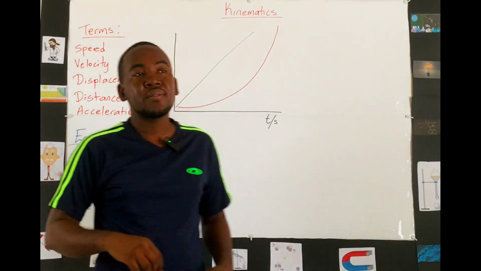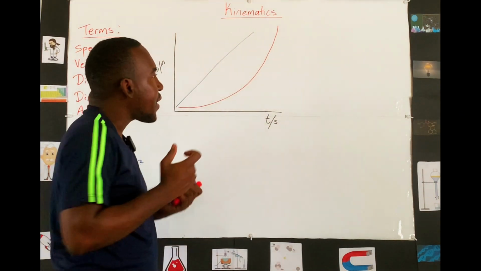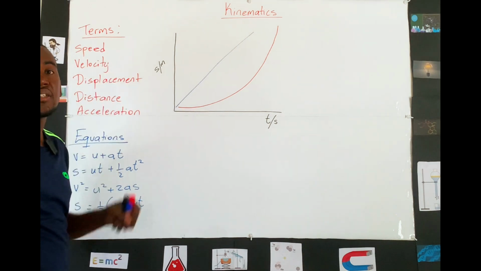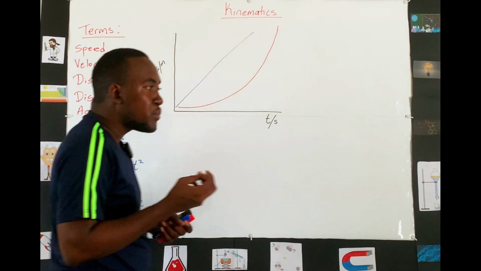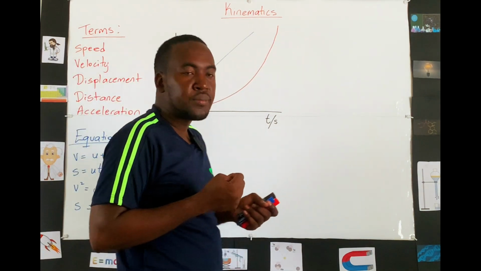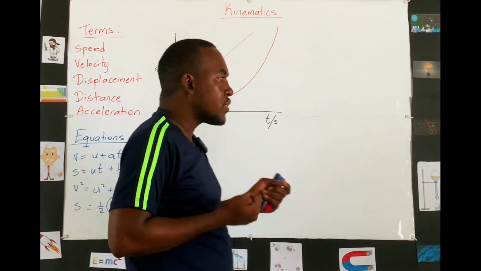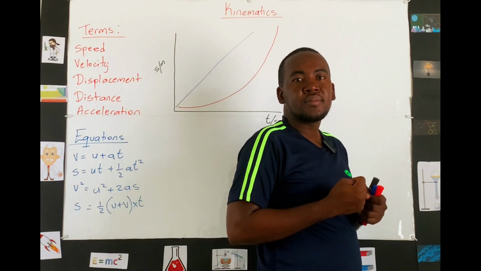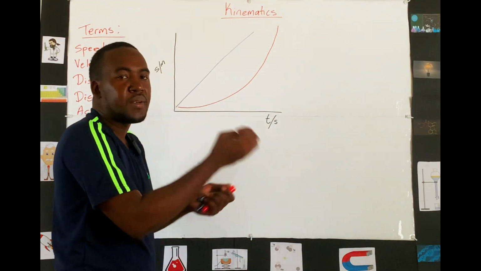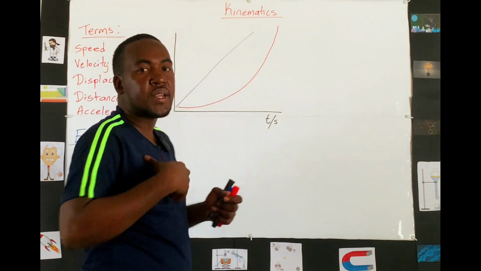Then acceleration has to do with how fast velocity is changing. So if a car is moving 25 meters per second, and then it changes to 30 meters per second, then the car accelerated, meaning it changed speed, changed velocity.